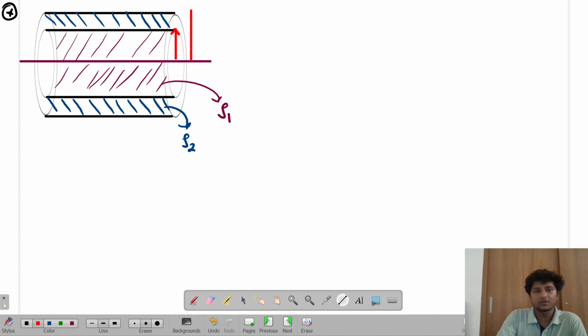Is that clear? This is R1 and this is R2. The question is to find the equivalent resistance between the 2 points A and B if the length of the cylinder is L.